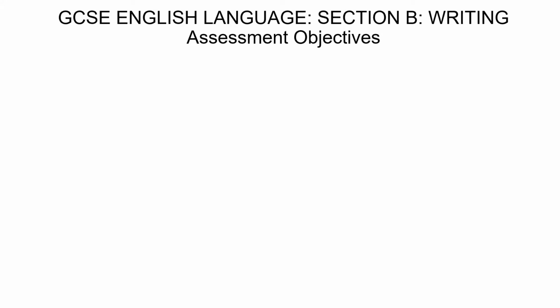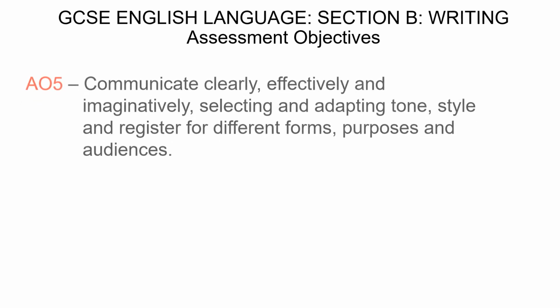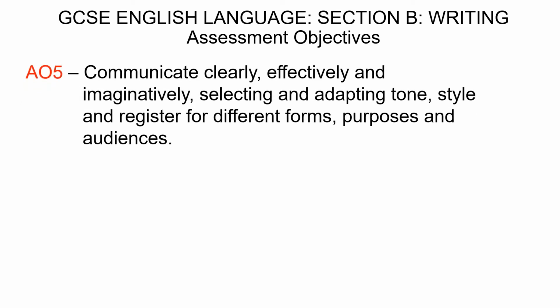So, the assessment objectives again for the writing. What are they? We have AO5, which means to communicate clearly, effectively, and imaginatively. You will be required to select and adapt your tone, your style, and register for different forms, purposes, and audience.